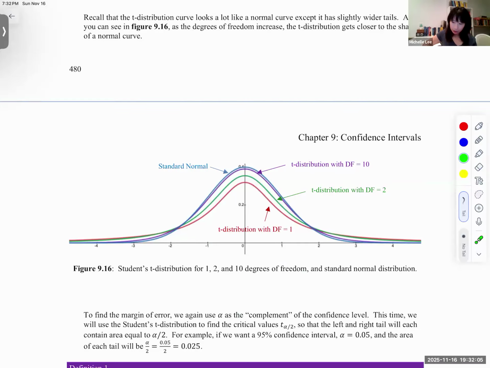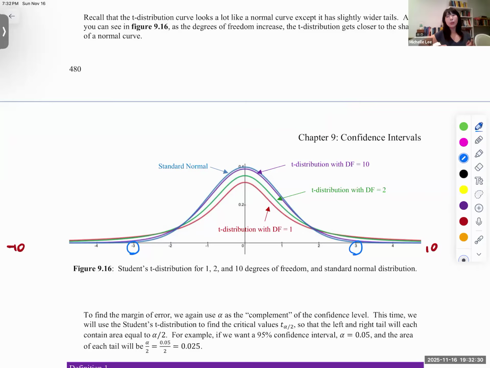So the t distribution, which one is t? The red one is t, so between -10 and +10. The normal distribution is blue, so normally between -3 and +3.